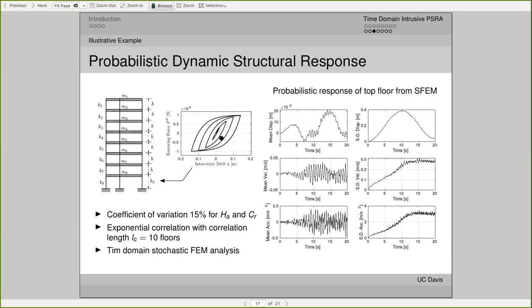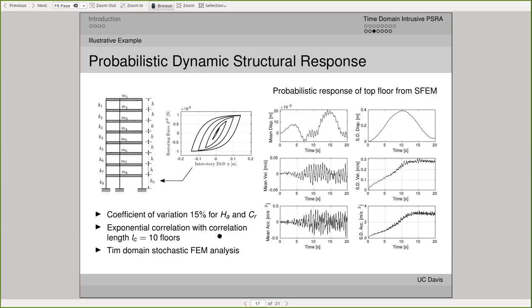Here we use Armstrong-Frederick nonlinear kinematic hardening with a vanishing elastic region. This model quantifies the hysteretic behavior between the interstory restoring force and interstory drift, and we consider a 15% coefficient of variation for the structure parameters, and also exponential correlation for the structure parameters.